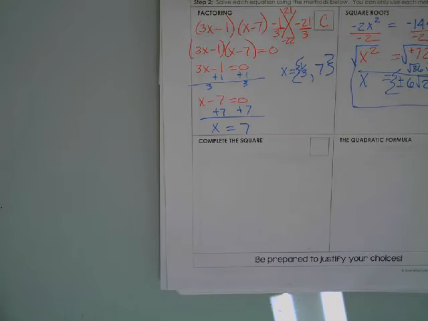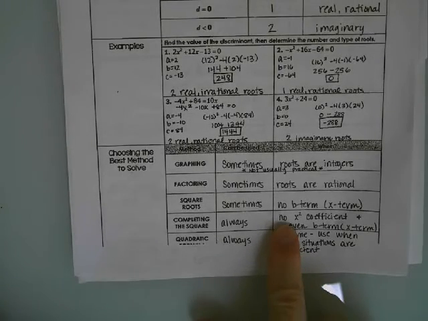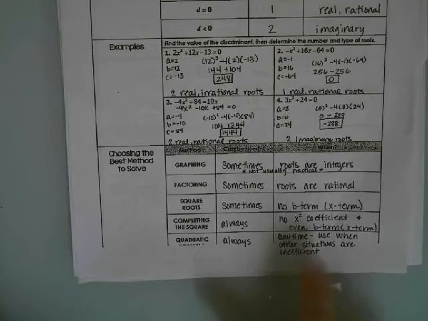Completing the square. What's the criteria for completing the square? Flip back to the previous day's notes, and we said that we complete the square when there's no x squared coefficient and the b term is even.